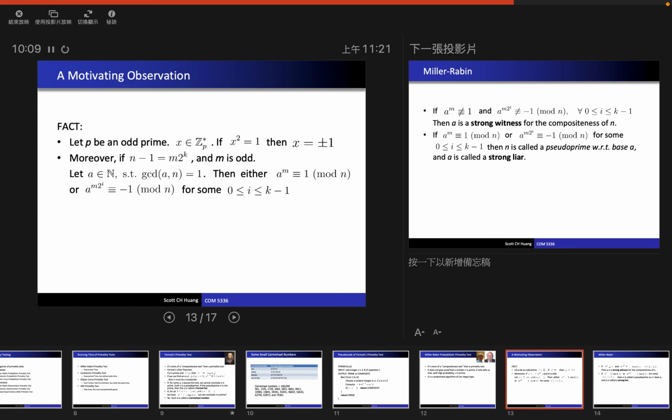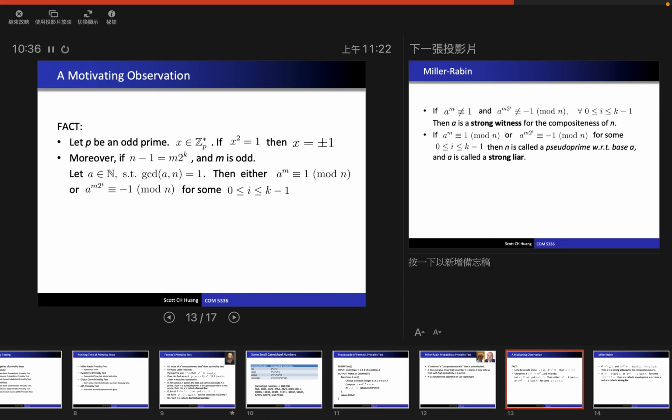Either a to the m is 1. What is a to the m? A to the m is the leftmost. If a to the m is congruent to 1, that's this case, useless. Or this: i goes from 0, when i is 0, that's a to the m, to k minus 1.